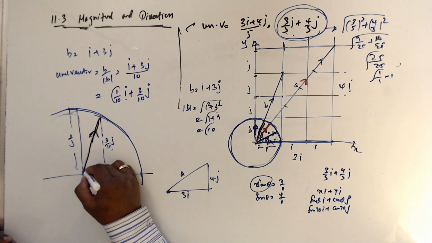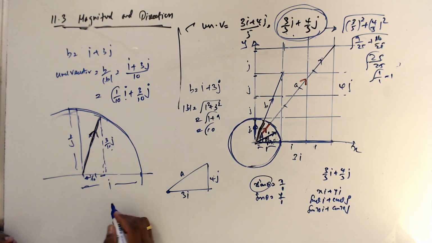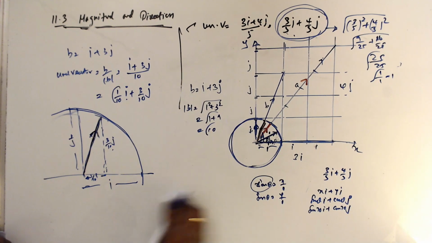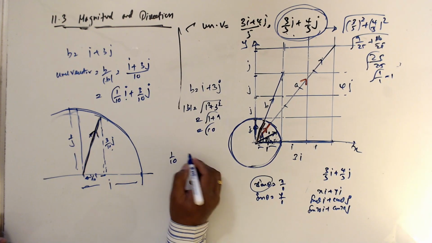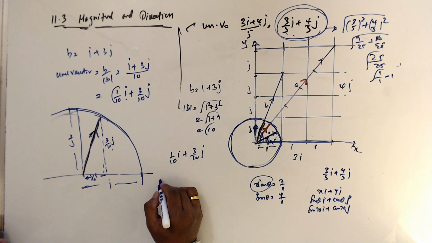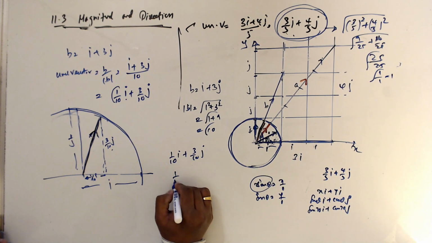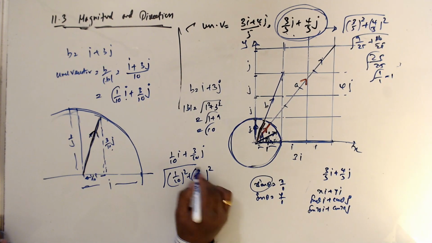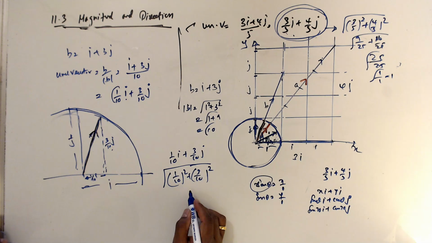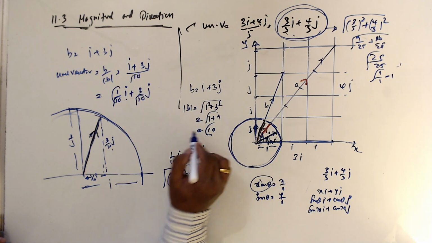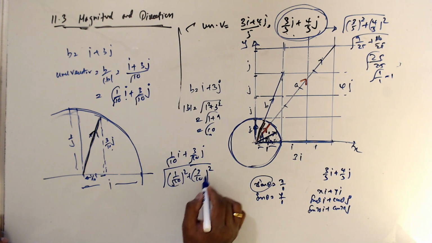Now this is made a unit vector. Let's see what the size of it is. 1 over square root 10 i plus 3 over square root 10 j. The size is the square root of (1/√10)² plus (3/√10)². Sorry, I made a mistake, this is the square root of 10.